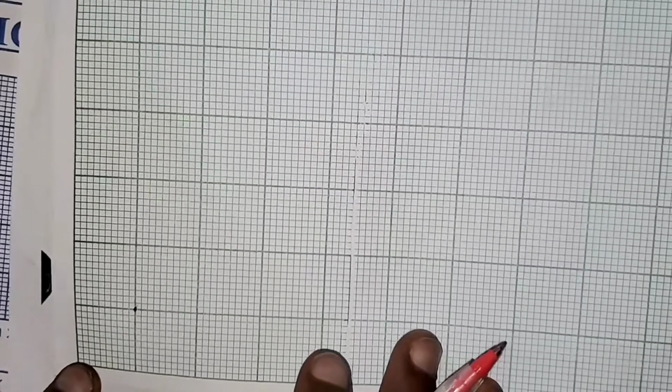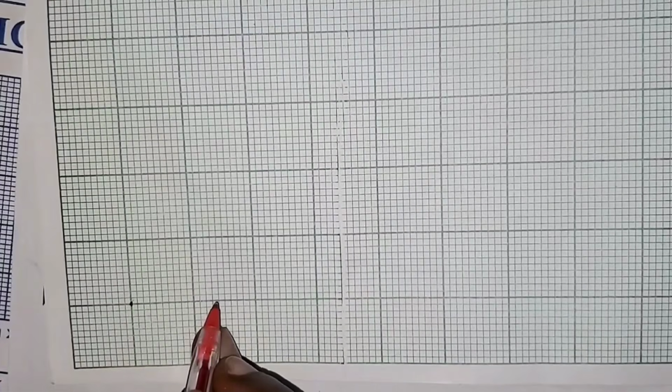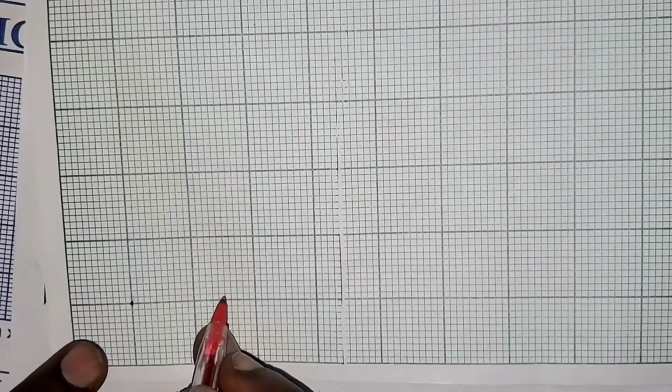So start from here, you draw this side, a line, using a ruler, then even this side. I'm using a pen because it is visible. You're supposed to use a pencil, by the way. If I use a pencil, it may not be visible to you.